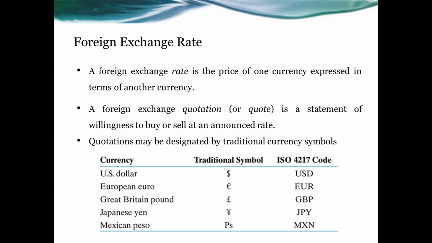And if you want to buy 1 kilo of dal, you have to pay a price, right? So that price we decide as our exchange rate, right? So you pay the price.